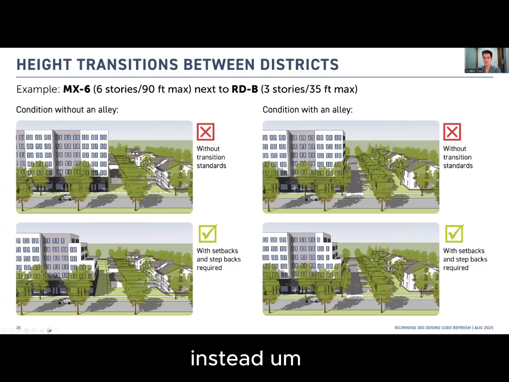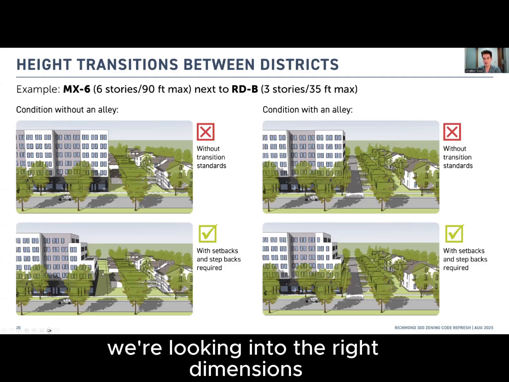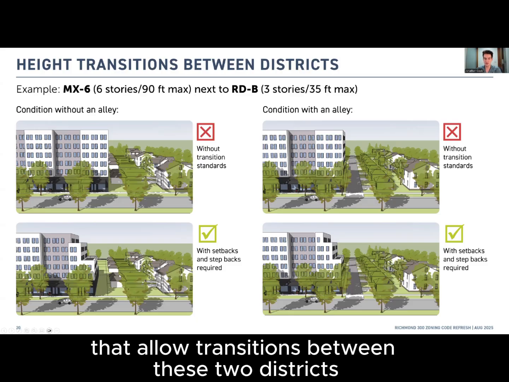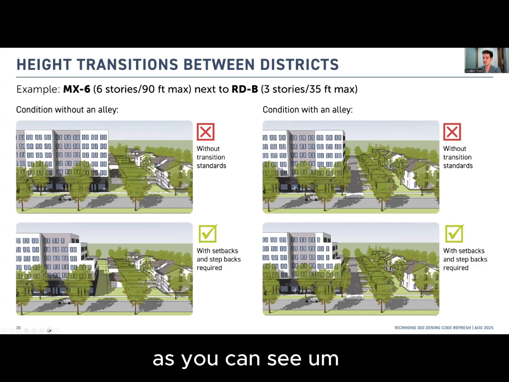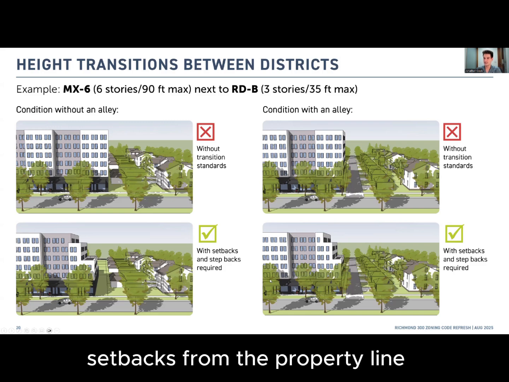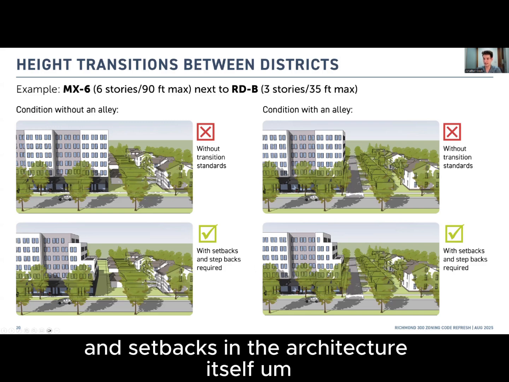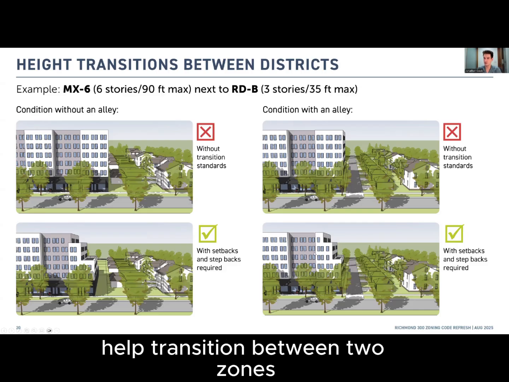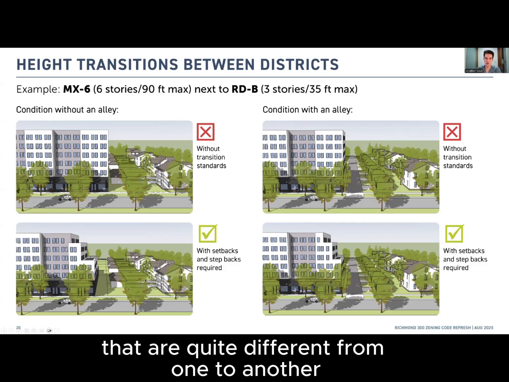Instead, we're looking into the right dimensions that allow transitions between these two districts, as you can see below, where both setbacks from the property line and stepbacks in the architecture itself help transition between two zones that are quite different from one to another.